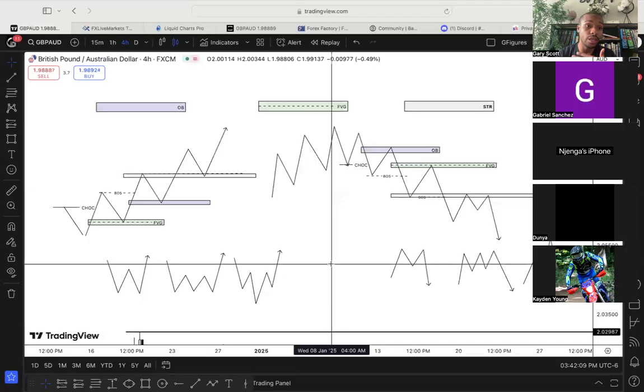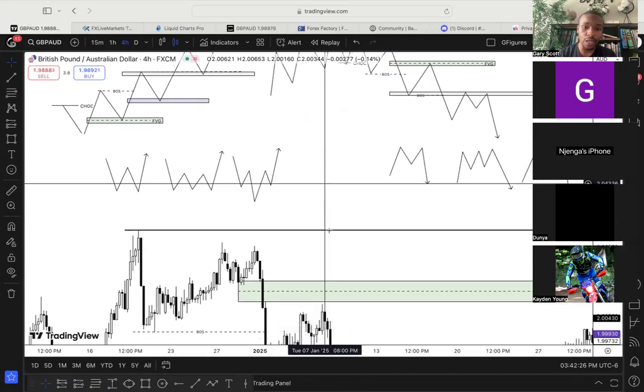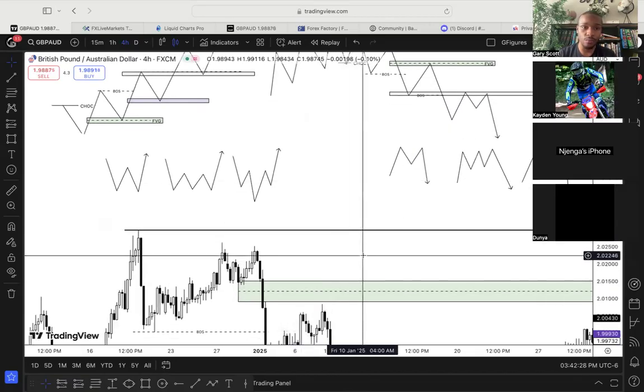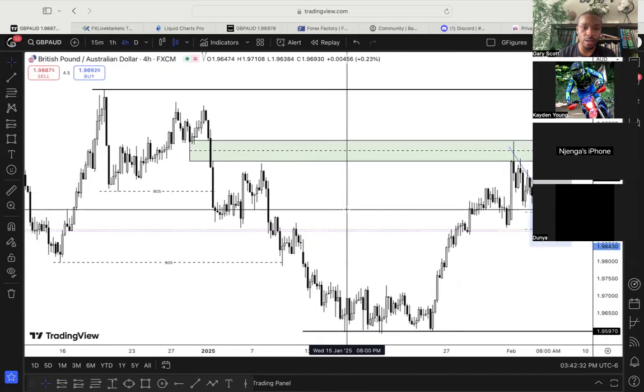Clutter invites disaster, right? Having structure, having organization, having a clean chart is what's going to get you to be successful as well. All right. So let's move on from this.